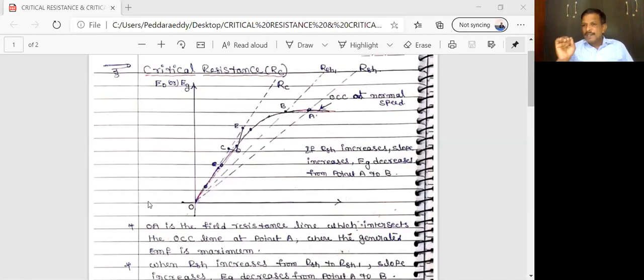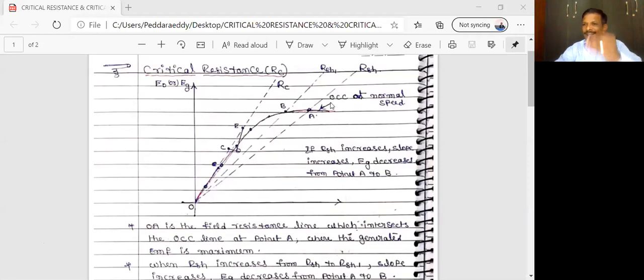When we increase the RSH value, what happens? Suppose you increase the RSH value with the help of the field rheostat. For the original or designed RSH value, we draw one slope, that is OA.